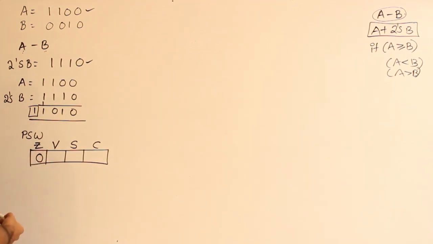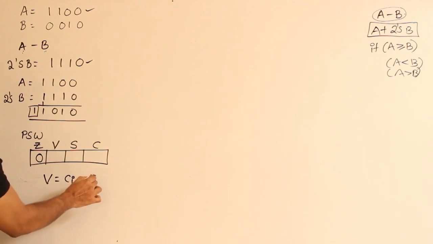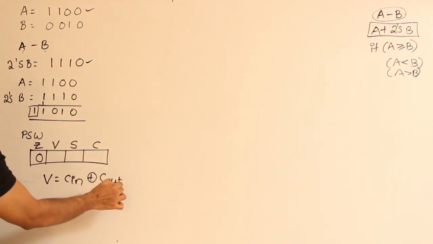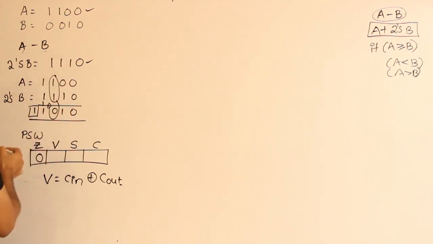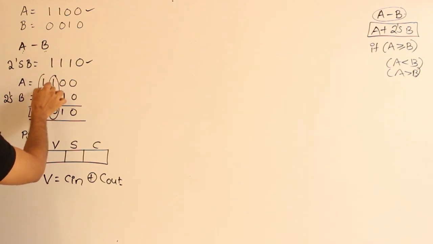And the next one is V. V is nothing but overflow. We know that V is carry in exclusive OR carry out, where carry in is the carry that comes out of this stage into this one, and carry out is the carry that comes out of this stage.